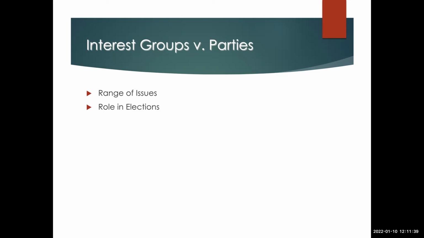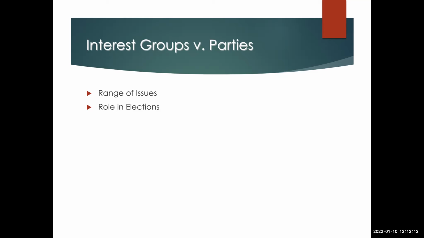The ACLU, for example, doesn't really have a position on the environment much. They are a little bit concerned with the effects of pollution on different groups of people, but for the most part, they're not concerned with the environment, and they don't really have a position with respect to foreign policy, right? They're not that broad.